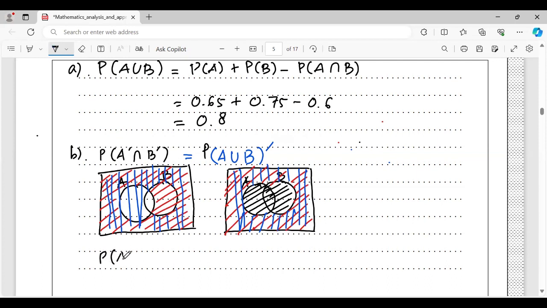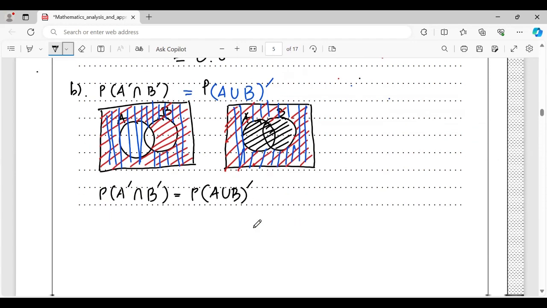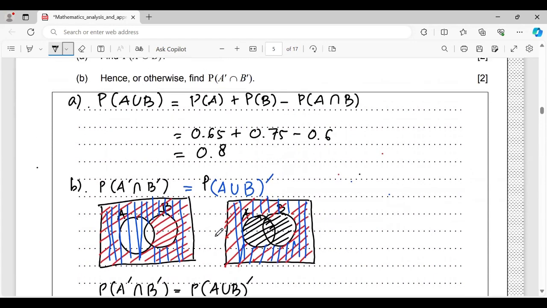Probability non-A intersect non-B equals probability (A union B) apostrophe, or 1 minus probability A union B. So it becomes 1 minus probability A union B, which is this one, 0.8.